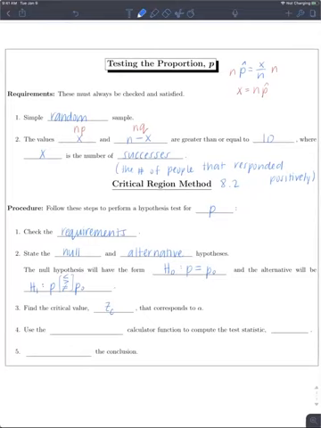One prop Z test. This is where you find Z, the test statistic. And then you interpret your conclusion.